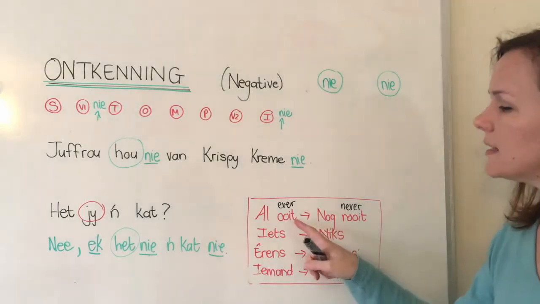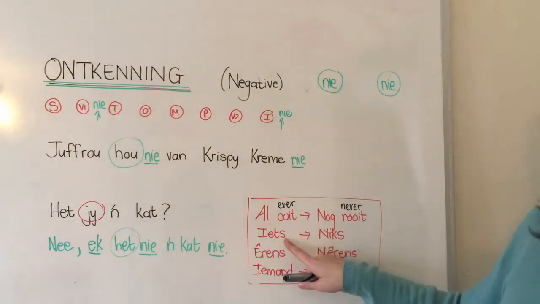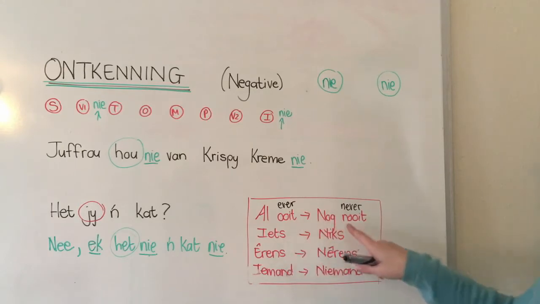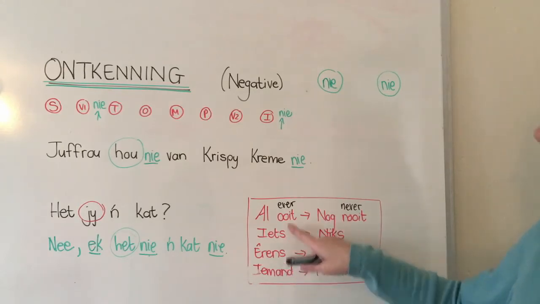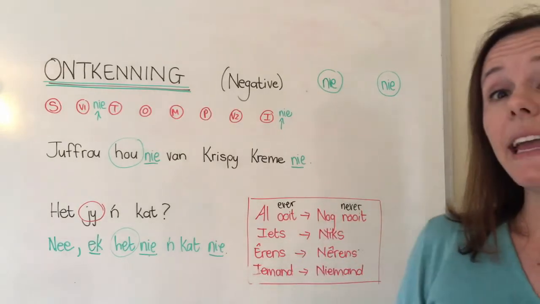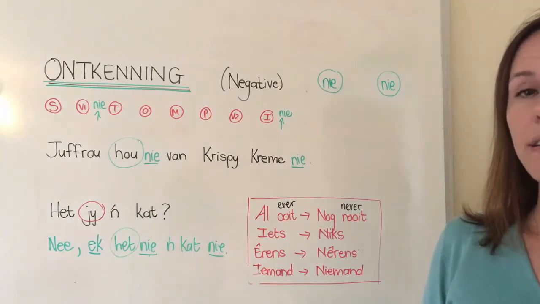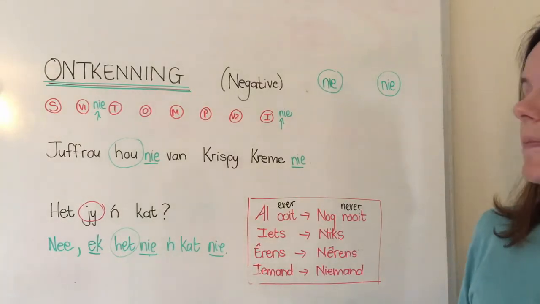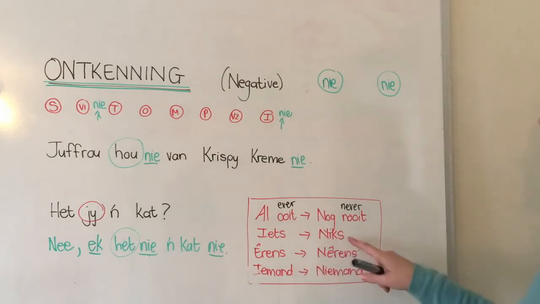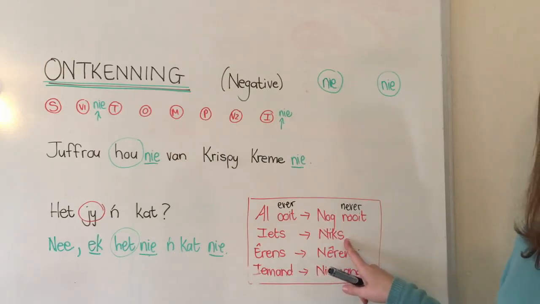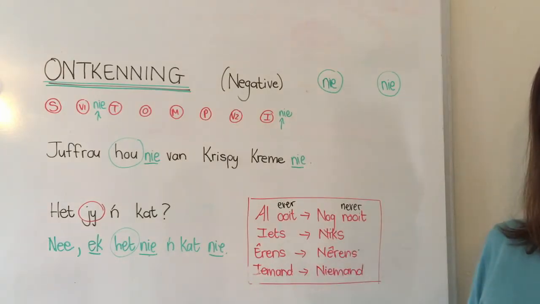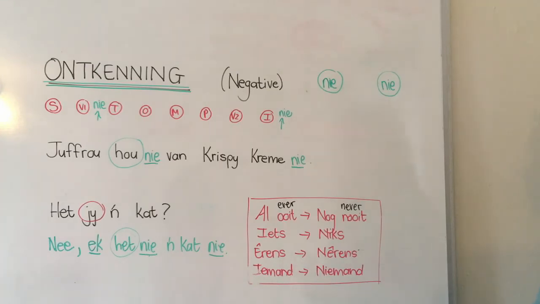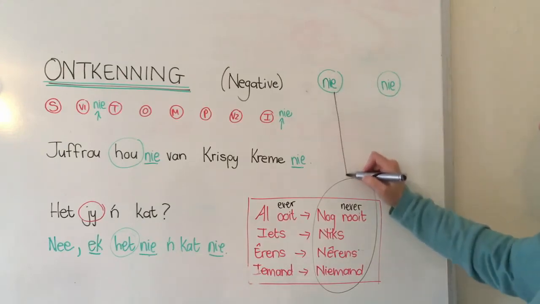So if I say, let's take the next example, iets becomes niks, something becomes nothing. Het jy iets gehoor? Did you hear something? Will become nee, ek het niks gehoor nie. No, I heard nothing. Now the important thing to remember there is that this word over here replaces the first nie.